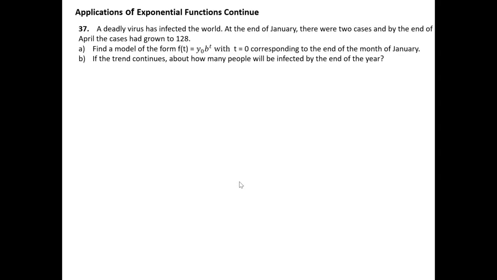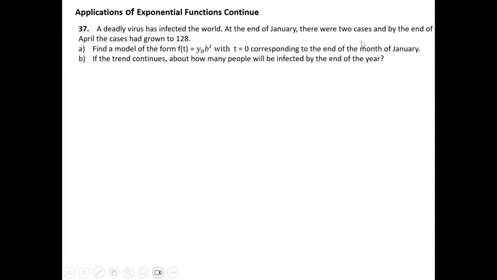So I decided to use the news back then about how COVID was expanding here in the U.S. So I used this example to show my students how we apply it in real life. It says a deadly virus has infected the world.